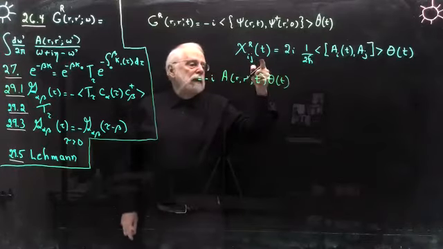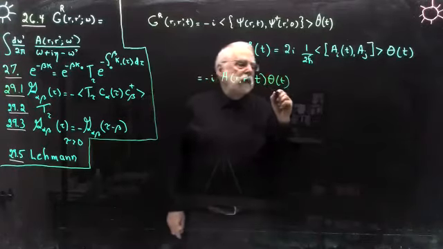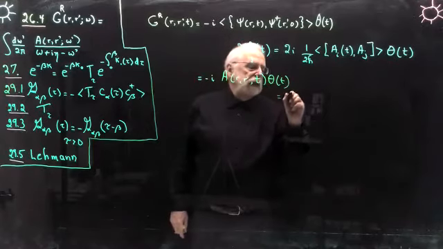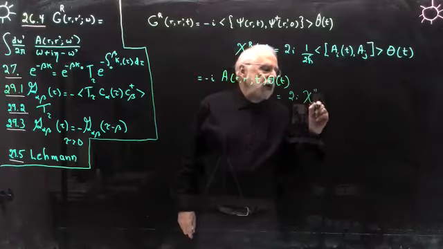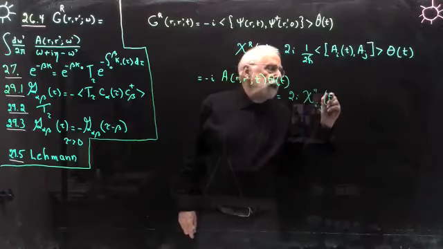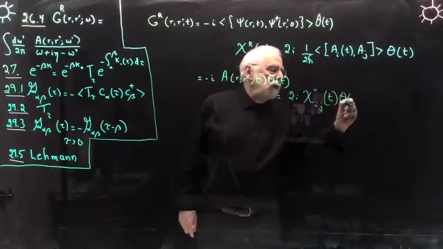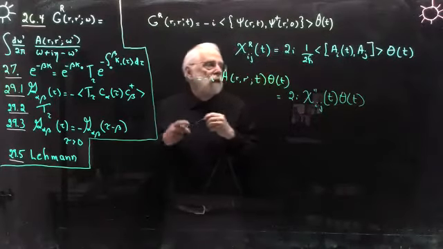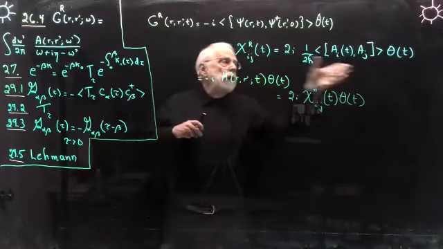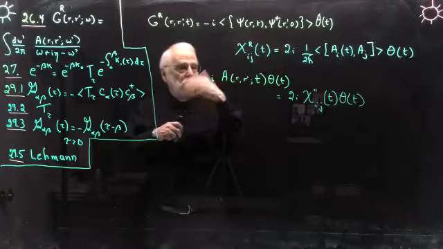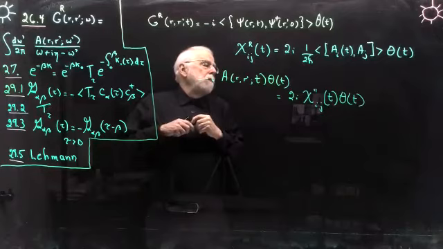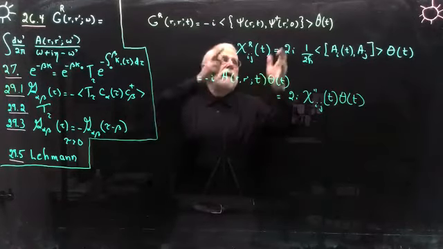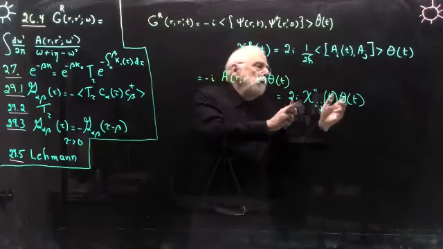And this is the analog of the definition that we did here, that we said this is 2i times chi double prime ij of t times theta of t. So the commutator here became an anti-commutator because we're working with fermions. So you see the analogy, right? A is this, and chi double prime is this.